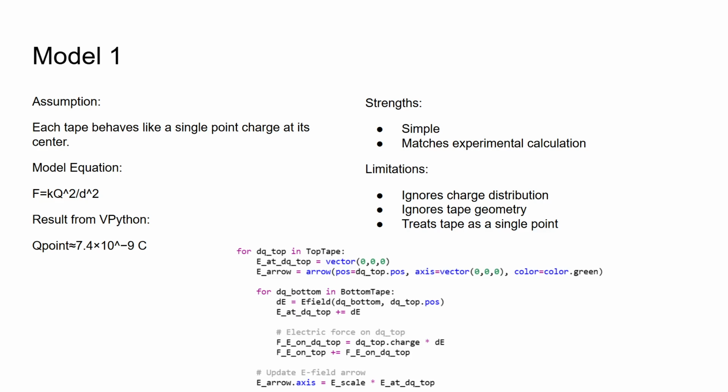And this is the coding I did for it. Some of the strengths were that the method was simple and matches the experimental calculations, while some of the limitations were it ignores charge distribution, ignores tape geometry, and treats tape as a single point.